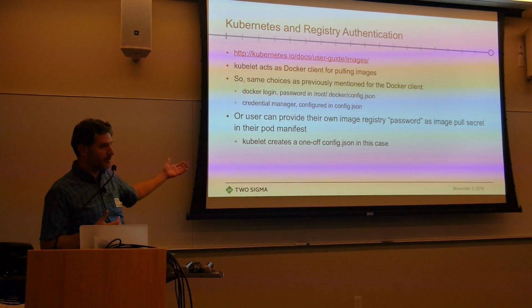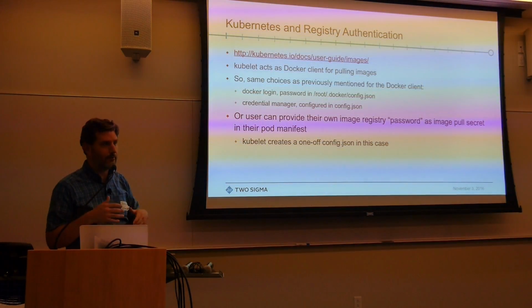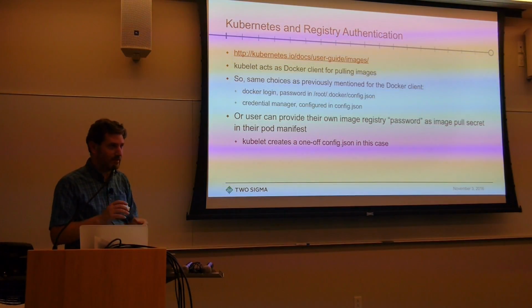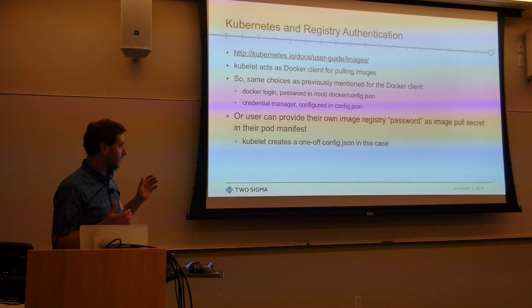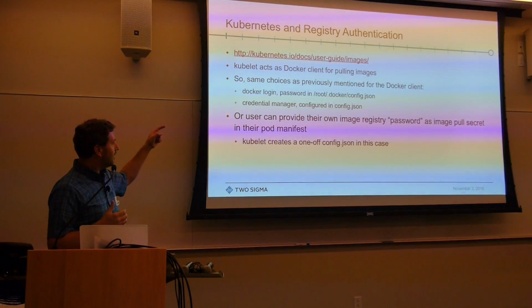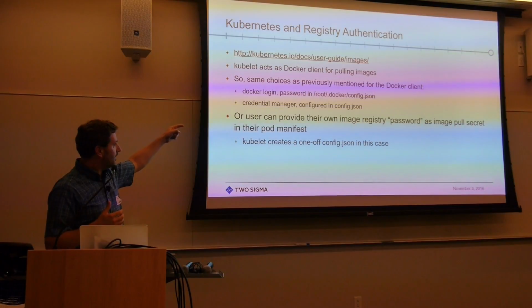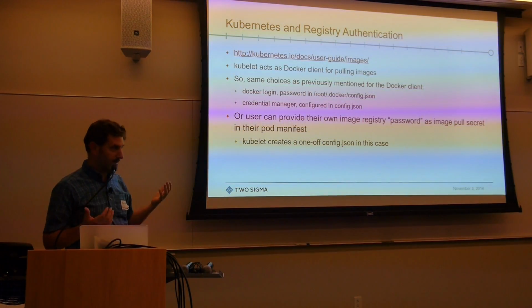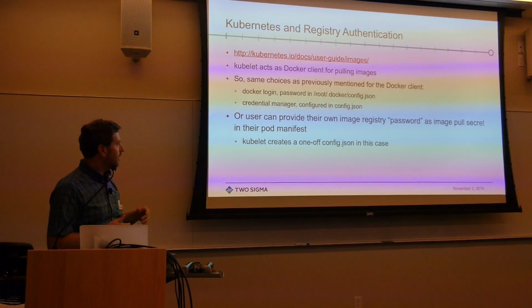So you have all the exact same choices. You can run Docker login manually if you never change passwords in your environment. You can just go to each of your Kubernetes slaves and run Docker login. But if you're doing that, you're probably not at this talk. You can use a credential manager, just like I showed, because it's just going to use it just like the Docker client would.